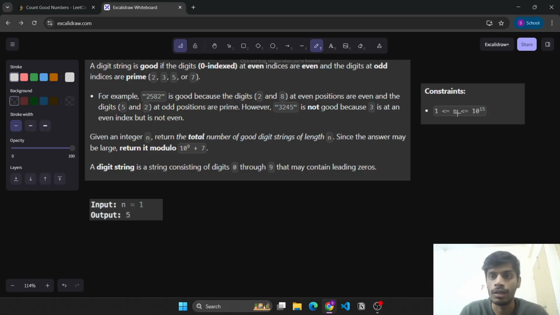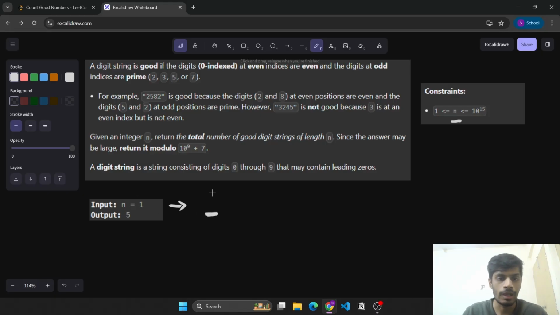Now we are given an integer n as an input, which can range up to 10^15, and we need to find the total number of good digit strings of length n. A good digit string is where the values at even indices are even and the values at odd indices are prime. For example, if n equals 1, we need to make a one-length digit string.